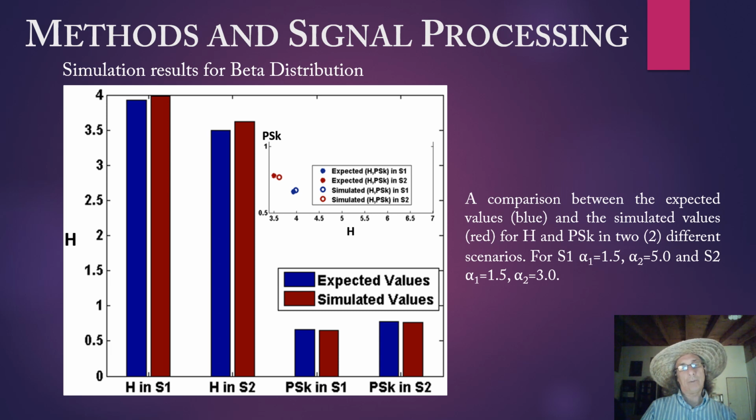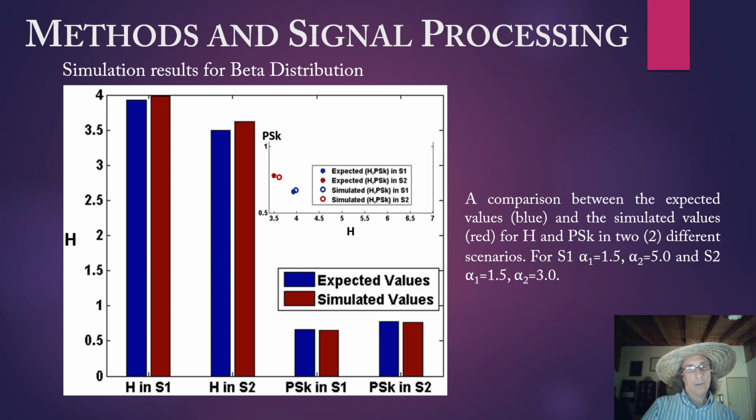Then we can compare the simulation with the expected values just visually, because we just wanted to have a way of testing our methodology with simulated data and know that everything was consistent. And here we can see that the higher the Shannon entropy index, the lower the Pearson's skewness coefficient.